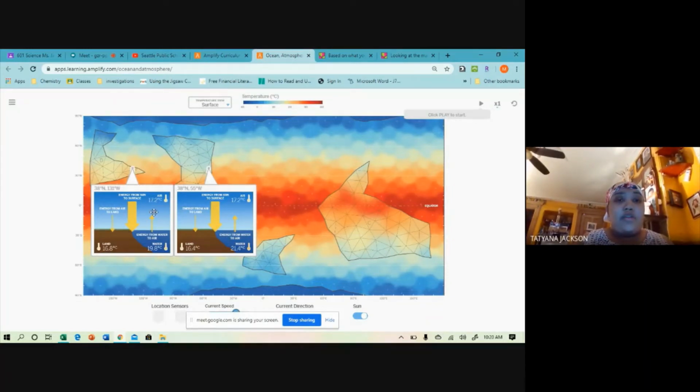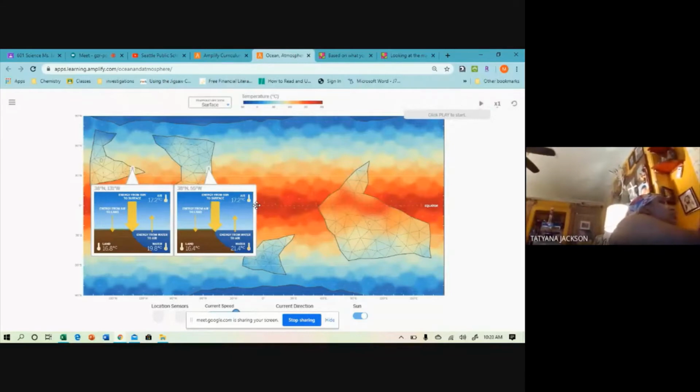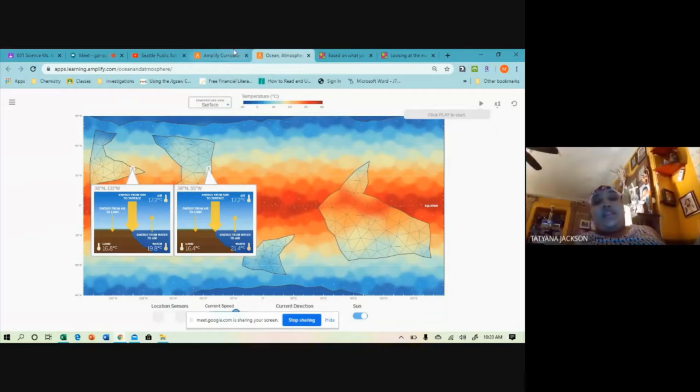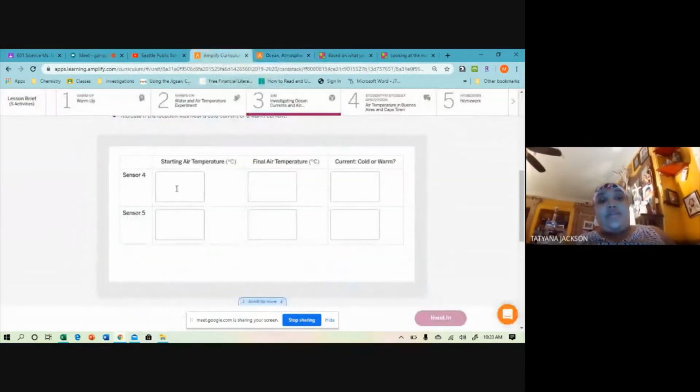Okay, so in our starting temperature, we're going to be recording these temperatures we see here for our air. So our temperature for sensor 4 is 17.2 degrees Celsius, and our temperature for sensor 5 is 17.2 degrees Celsius. So I'm just going to write that on my handy dandy chart paper. And what that should look like in yours is 17.2, 17.2.